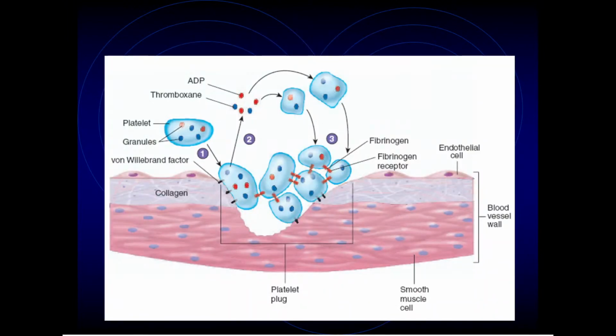Here you may see how this process takes place. The von Willebrand factor, released from the damaged tissues, will initiate the process and help the thrombocytes to stick to the exposed collagen fibers.